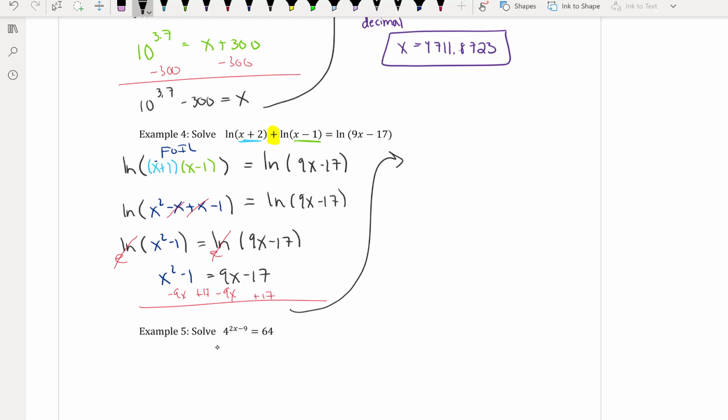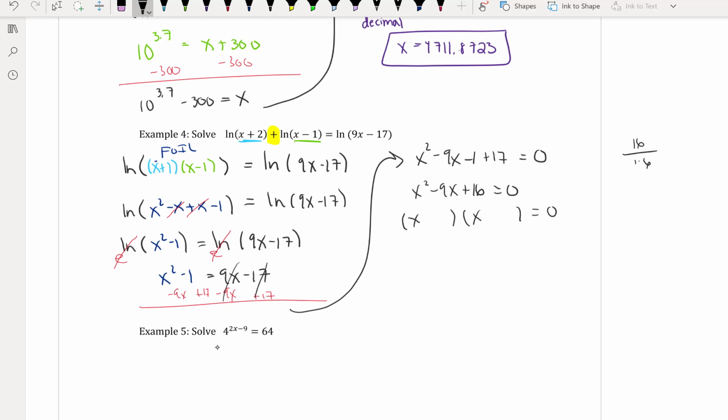And I kind of ran out of room, so I'm going to write it over here. So I'll have my x squared minus 9x minus 1 plus 17 equal to 0. So that will give me x squared minus 9x plus 16 equal to 0. So I'm going to go ahead and factor that. So let's think about 16.